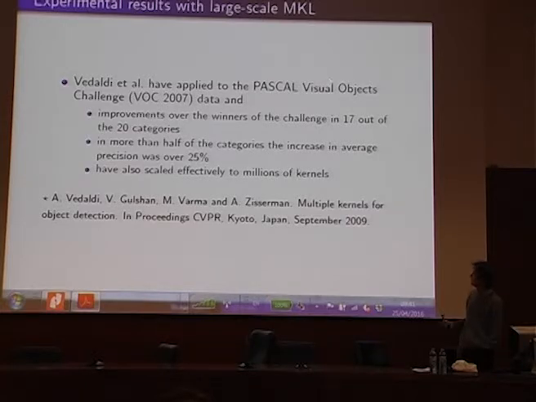This was the Pascal Visual Objects Challenge back in 2007, by Gehler, Nowozin, Lampert, and Zisserman. I think it was effectively a practical demonstration of the power of multiple kernel learning when you throw lots of kernels in. So the take-home message was that the one-norm regularization can control the cost of having very large numbers of kernels.